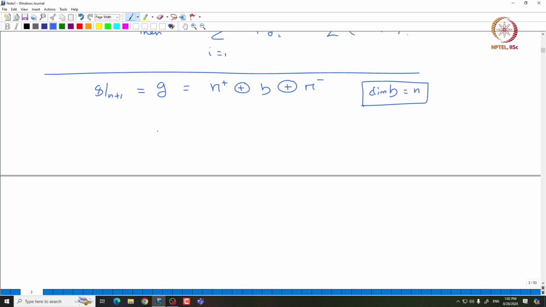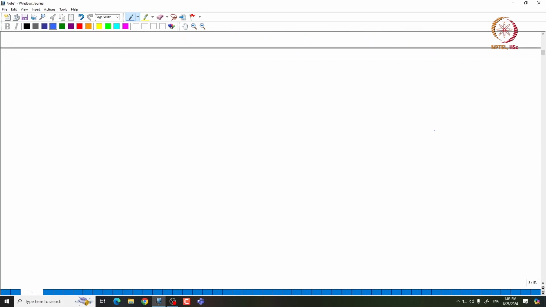Now we are going to use the root vectors. We will use induction on the set of positive roots. Recall that delta plus is the set of positive roots. If we use this set of positive roots, then we have the following basis. We have a basis h1 etc. hn, which is the basis of h.